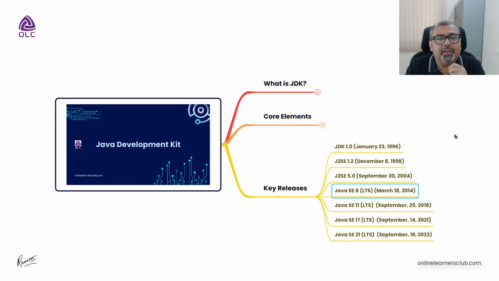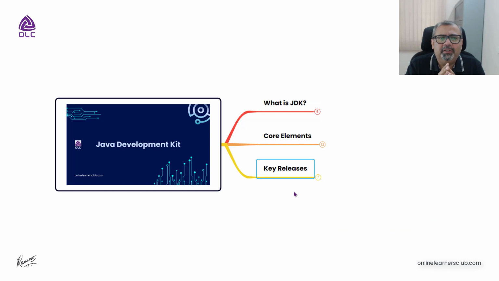Similarly, we had Java 11, Java 17, and the latest release, on September 19th, 2023, Java 21, which is also recognized as a long-term support release, or LTS release. These are the key releases of the Java JDK environment, which are useful to be aware of to know the new and core important functionalities that were brought in.